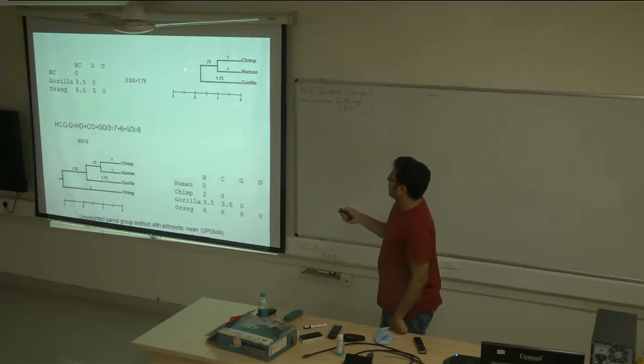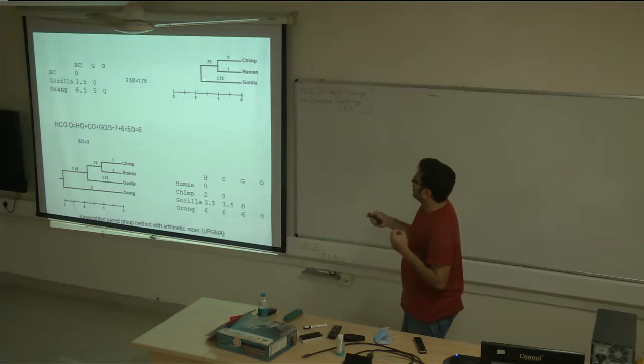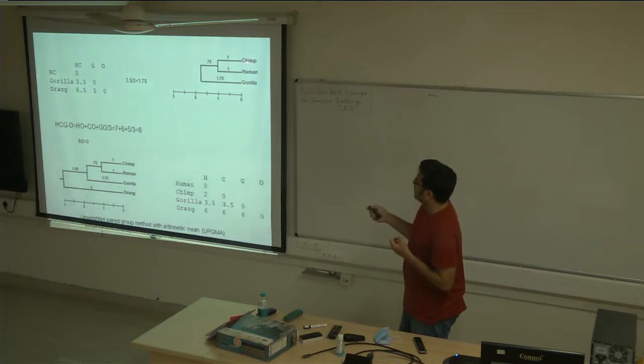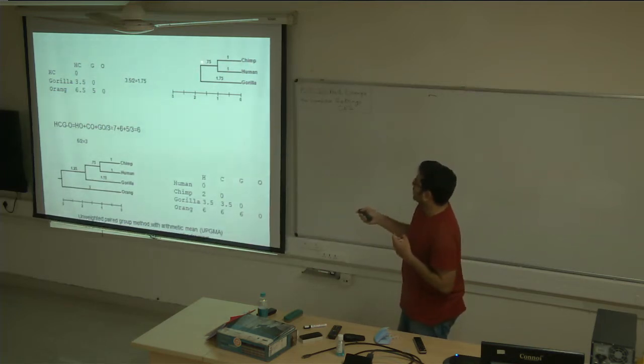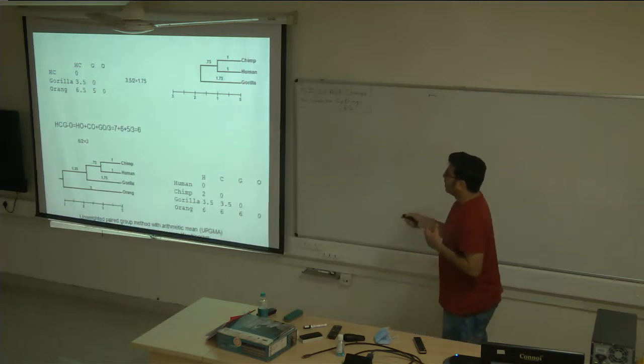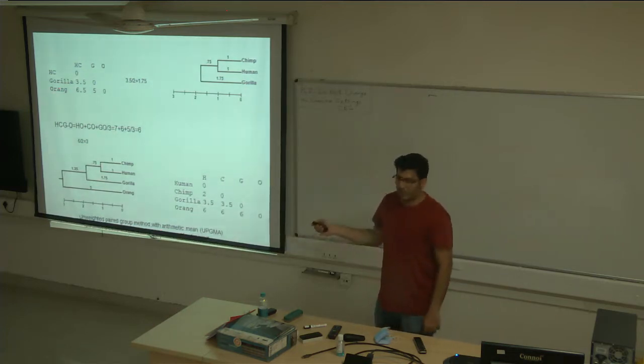Basically what UPGMA does is, from this node, each taxa is equidistant. If you see chimp to the root node, in this case this is the root node, it's 1.75, 1.75, 1.75.